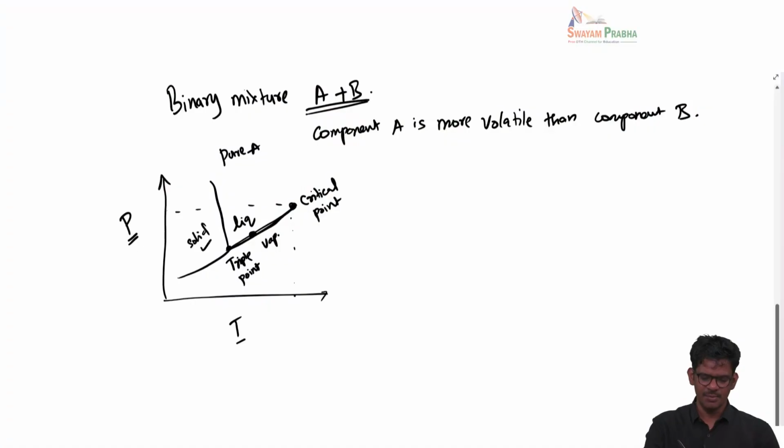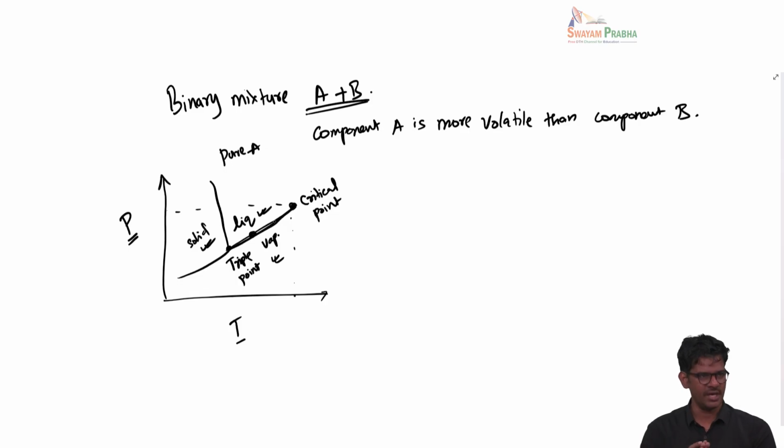The liquid will be pure A, and the vapor will also be pure A. So you need only two variables here to show the phase behavior. All the phases can be mapped here. Depending upon the choice of temperature and pressure, it can be in a solid phase, or a liquid phase, or a vapor, or a critical state, or coexisting phases of liquid and vapor, liquid and solid, and so on. This is something you are all aware of.